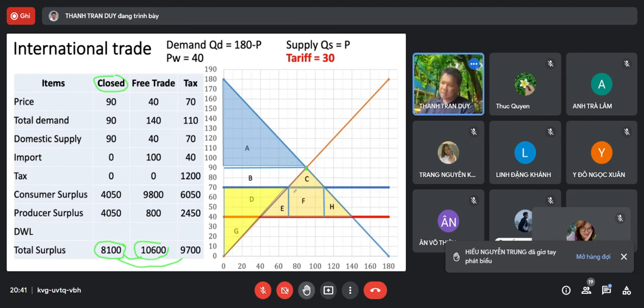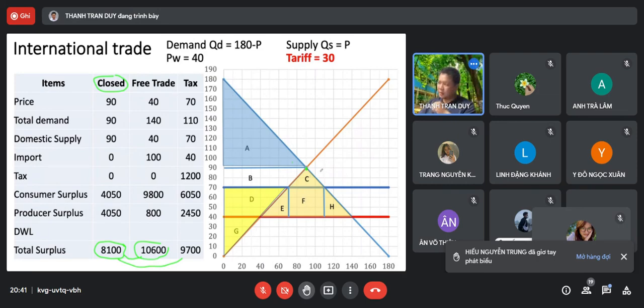Nobody gets this one. And because nobody gets this one, this is the deadweight loss when we fully close the economy. And it is the difference between total surplus of the closed economy and free trade.